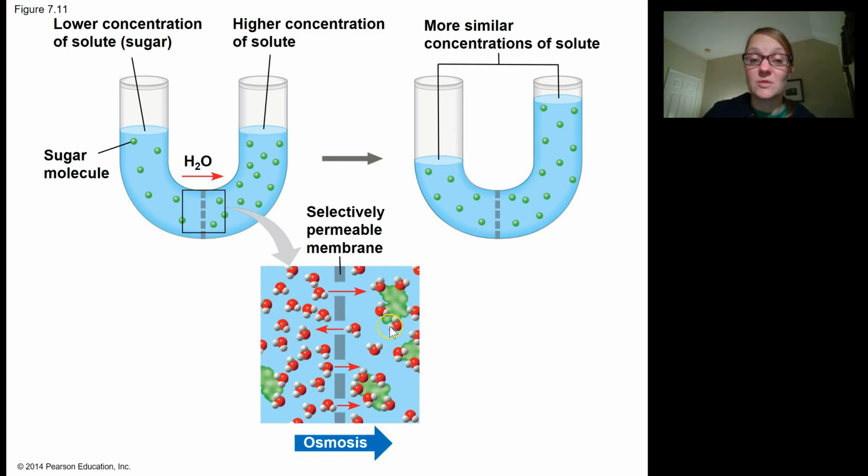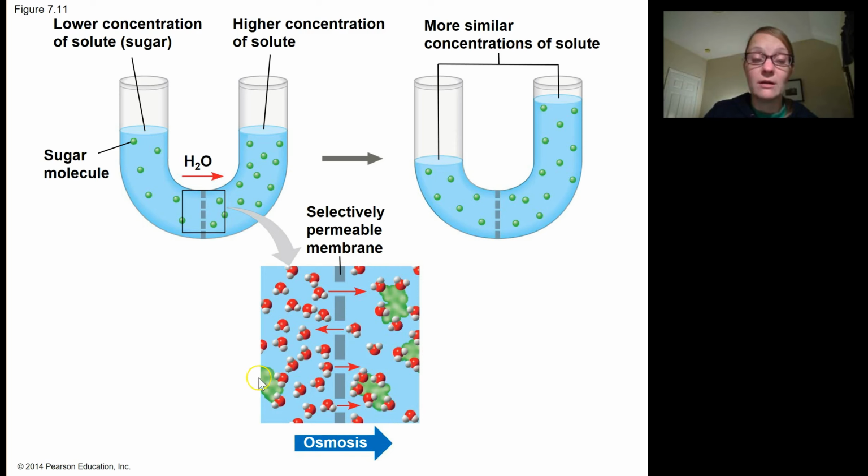And so these guys are forming that hydration shell around this green sucrose molecule, right? So free water versus bound water. If you take a look at the number of free water molecules, on which of the two sides of the membrane do you see more? Is it the left-hand side here or the right-hand side?